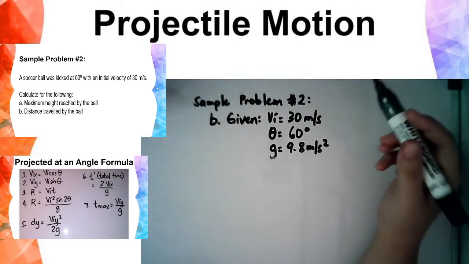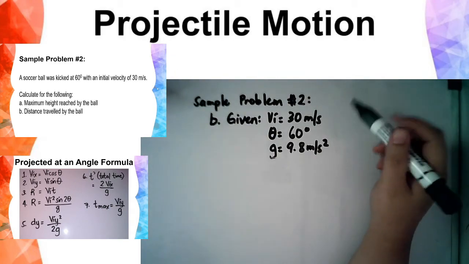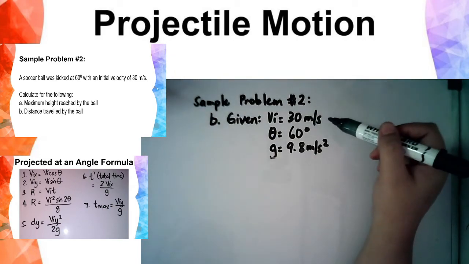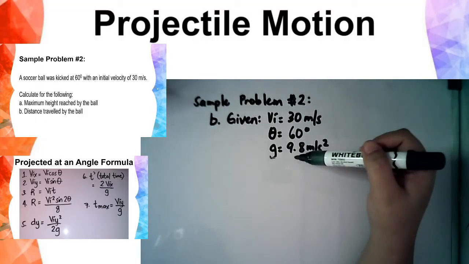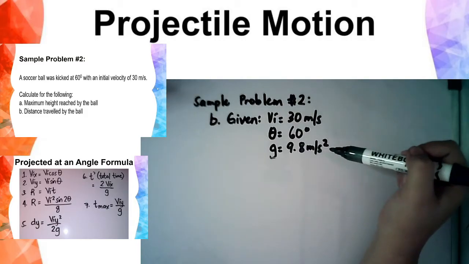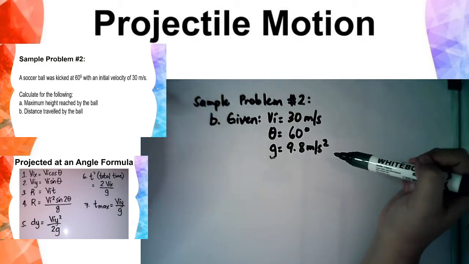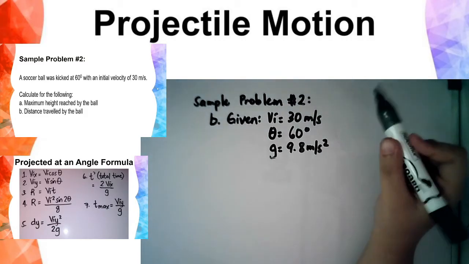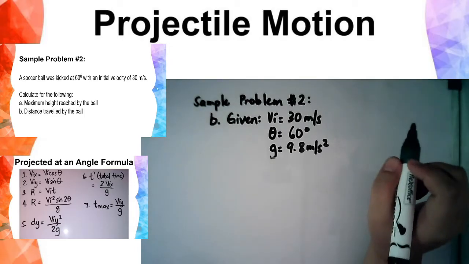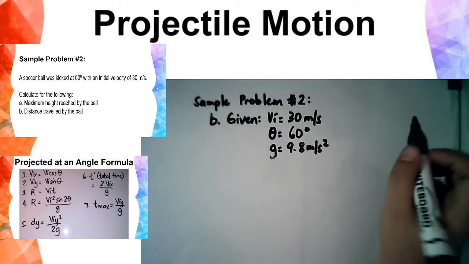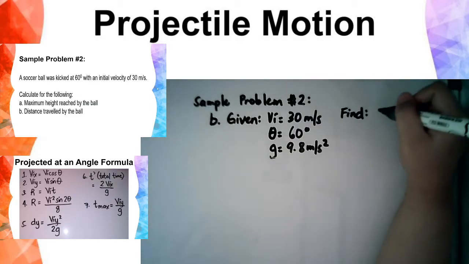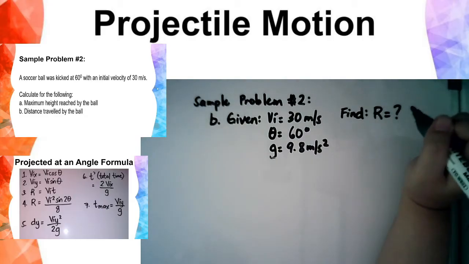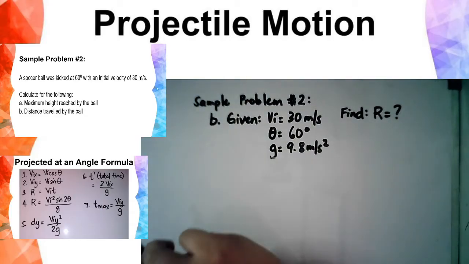So still we have the same given. So we have the initial velocity 30 meter per second, the theta or the angle 60 degrees, and the acceleration due to gravity which is 9.8 meter per second squared. Okay? Now, for letter B, ang hinahanap naman natin is the distance traveled by the ball. So, pag sinabi natin distance traveled by the ball, we are talking about the range or capital letter R. Check natin ulit sa ating formula.